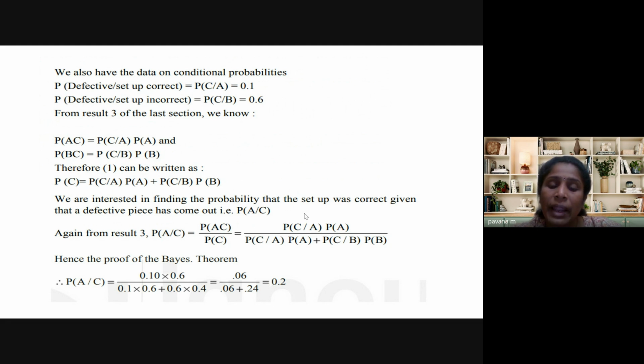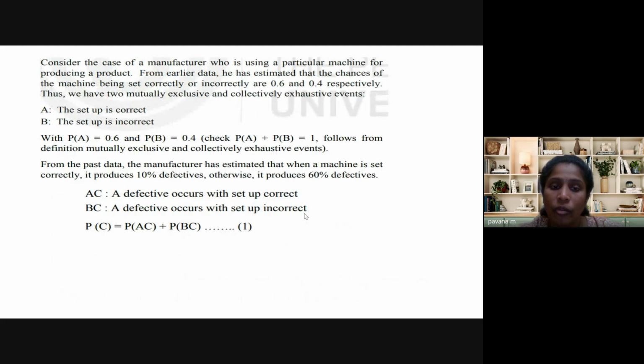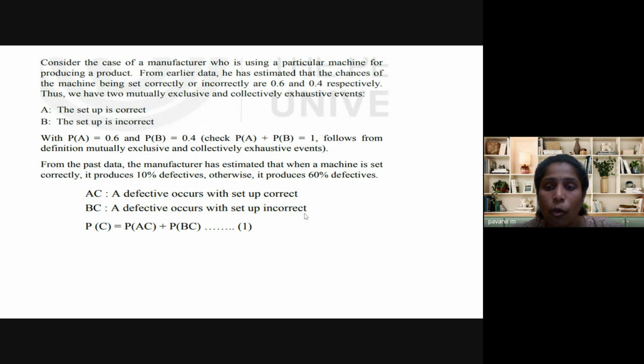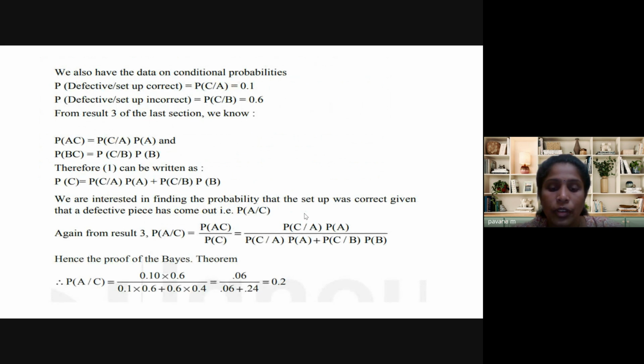Now apply the values. P of C by A means 0.1 into P of A, which in the above problem we discussed as 0.6. So 0.1 into 0.6, divided by 0.1 into 0.6 plus P of C by B, which is 0.6 for 60% defective, into P of B, which is given in the problem as 0.4.